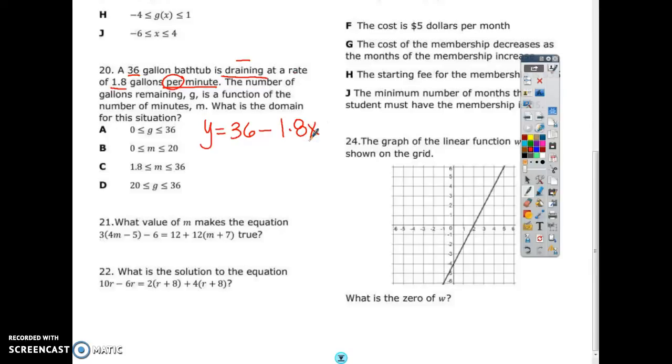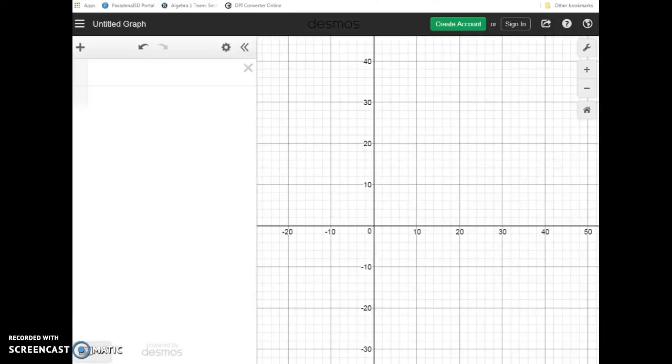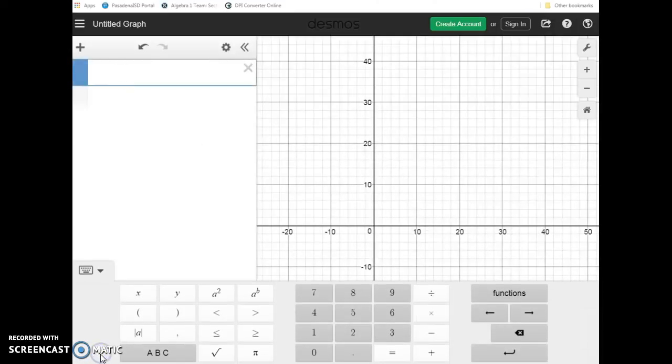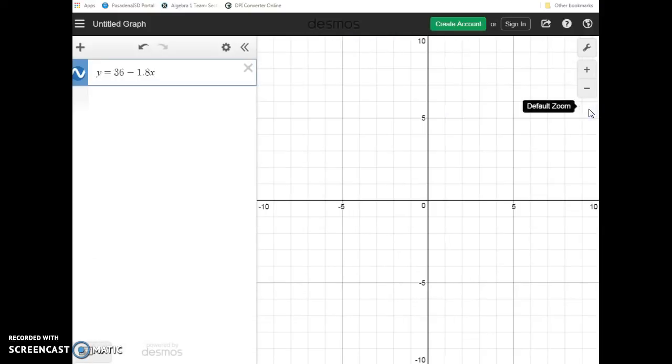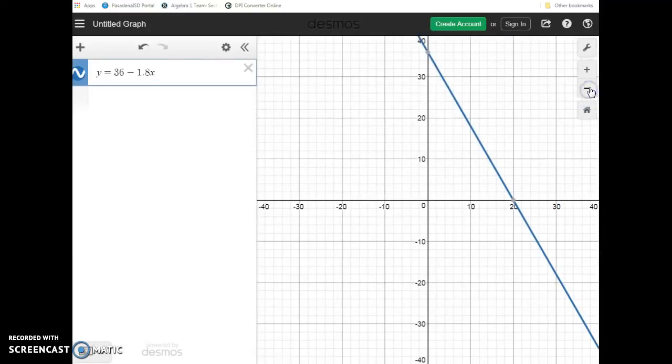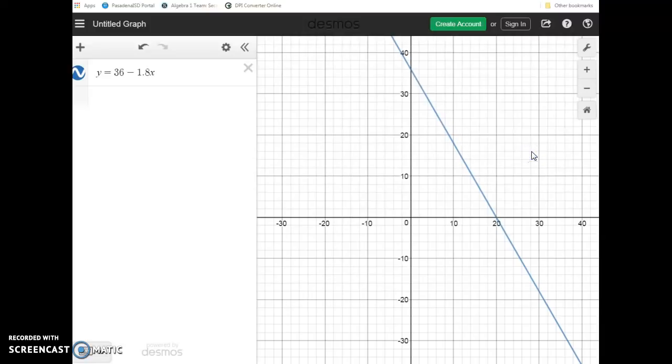So once you have the equation, we can put that in decimals. Y equals 36 minus 1.8x. Okay? And you guys started like this, right? You got to zoom out and see the whole thing.